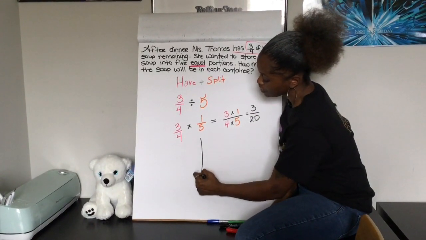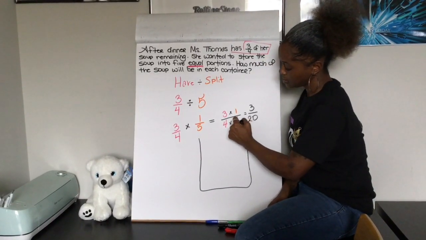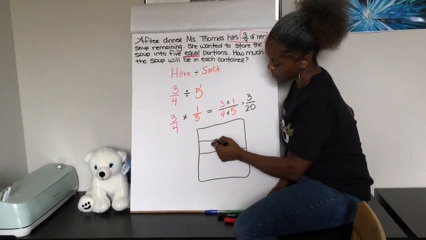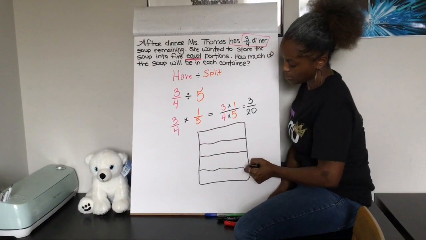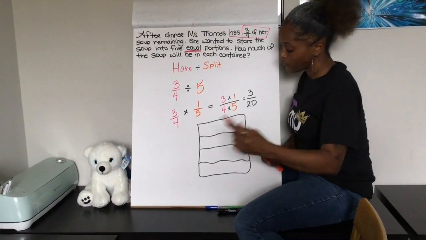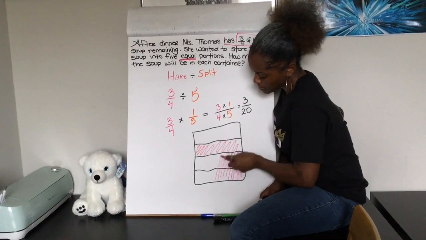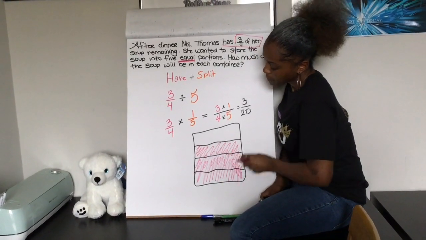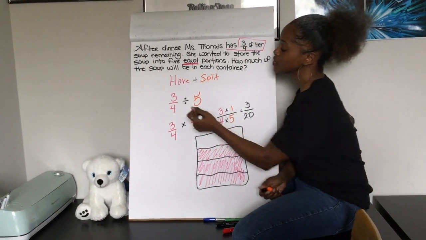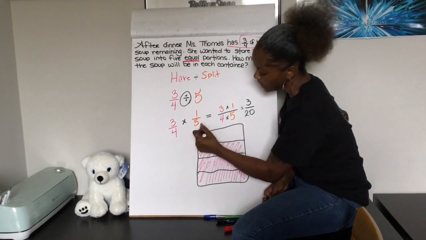If I were to show Ms. Thomas's soup, now Ms. Thomas again has how much soup? She has 3/4. And what is she going to do with that 3/4? She's going to split it up into 5 containers.